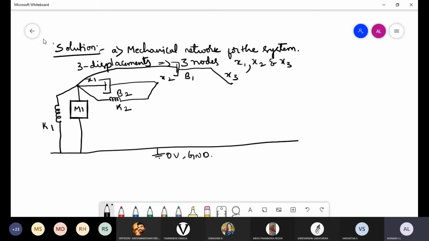Now from x2. At node x2, what are the things connected to ground? There is a force f of t applied, and after that no other thing. All other things are connected from m2 to m1 and m2 to m3.